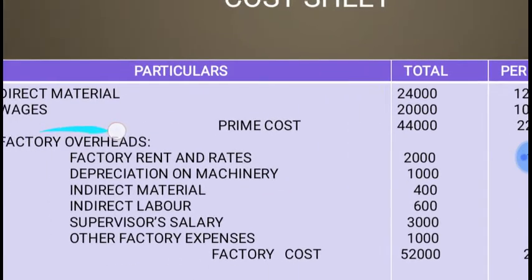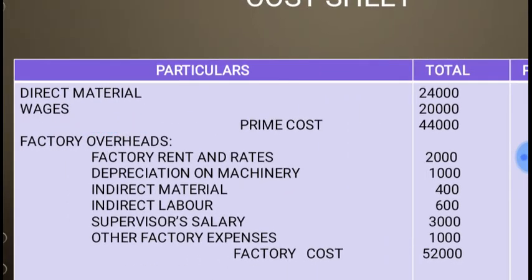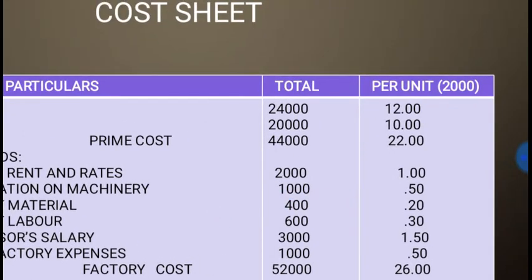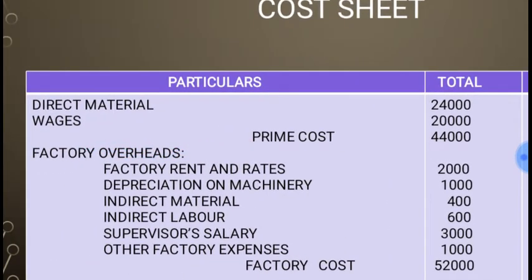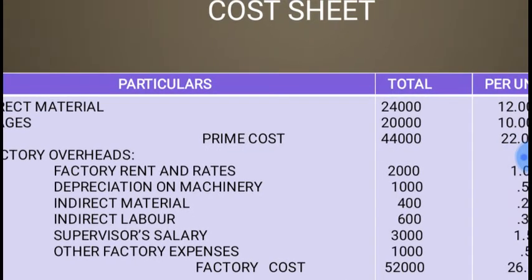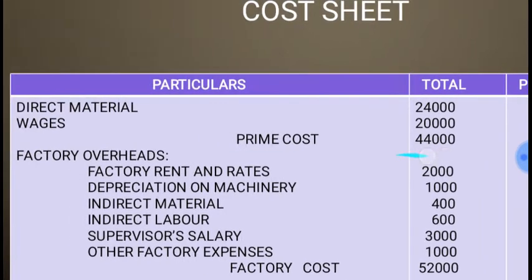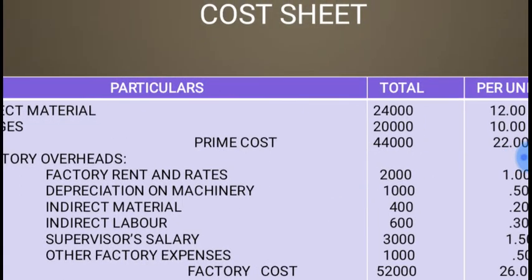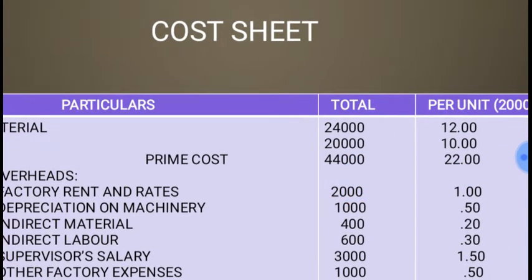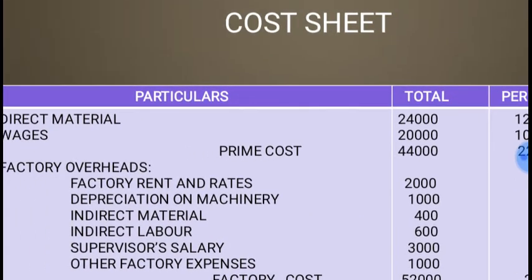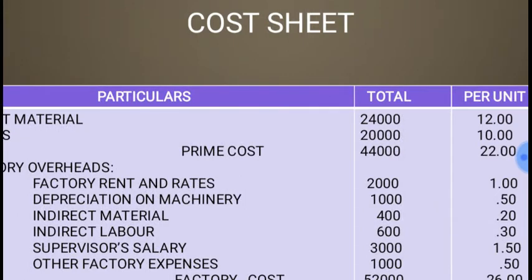The second one is wages, that is 20,000 divided by 2000, ये आ गई है 10 रुपये. और यहाँ पे डायरेक्ट एक्सपेंसेस आपको मेंशन नहीं है तो यही आपकी प्राइम कॉस्ट बन जाती है. तो 24,000 प्लस 20,000 that is 44,000. Then 44,000 divided by 2000, that is 22 rupees. आपकी प्राइम कॉस्ट है 44,000 and your per unit prime cost is 22 rupees.